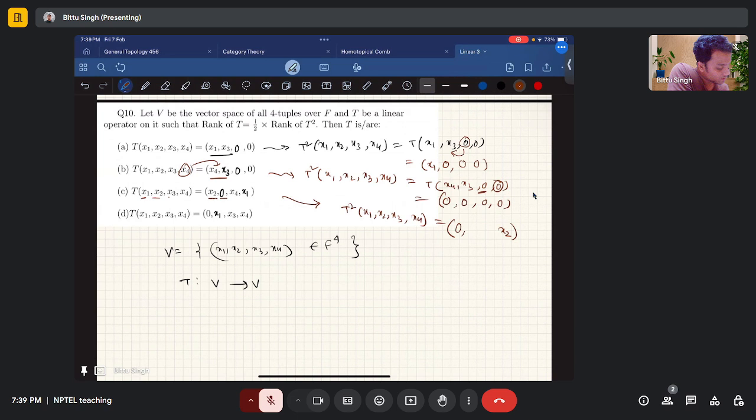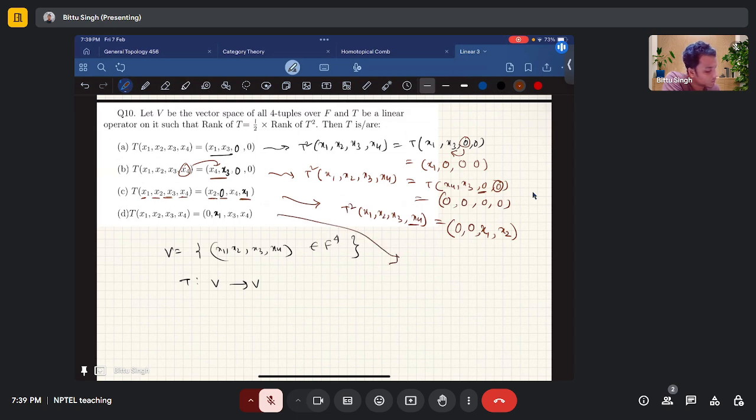T does not put x3 in any place, so the fourth element x4 goes to the third place. So here fourth means x4, fourth means x1, it goes to the third place. Third place means here, right? And this is 0 by default.